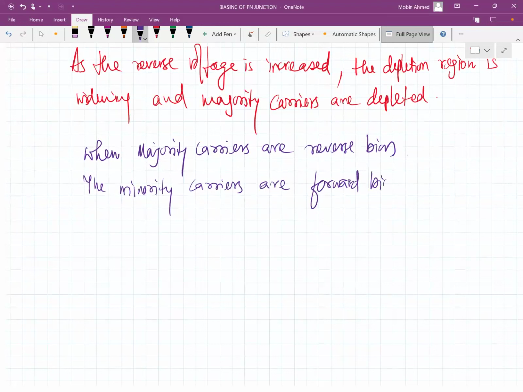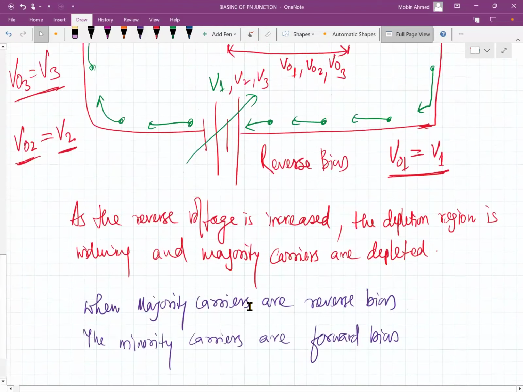They are forward biased. So if they are forward biased, that means they will start flowing.